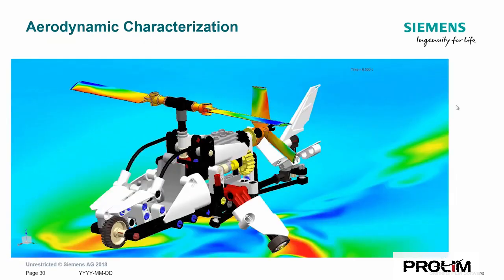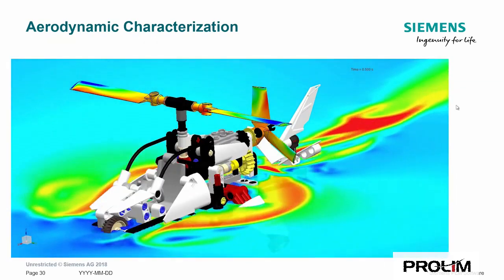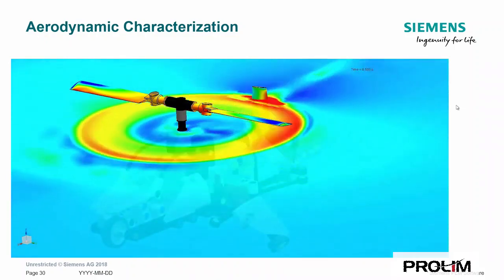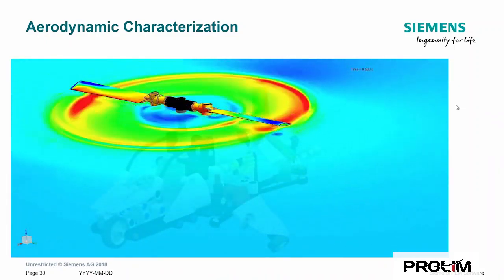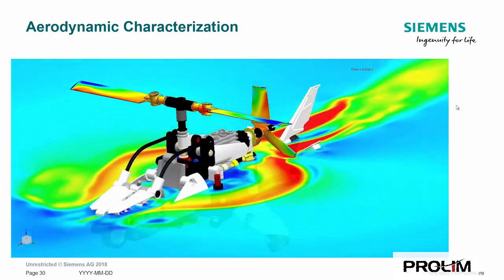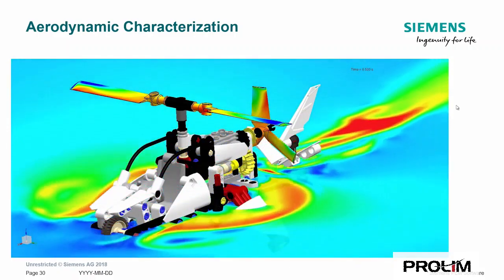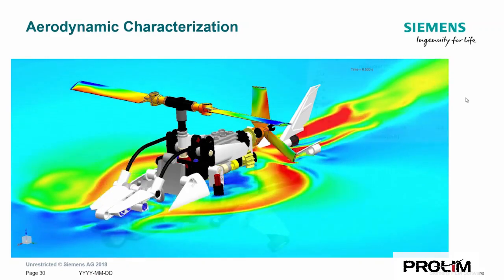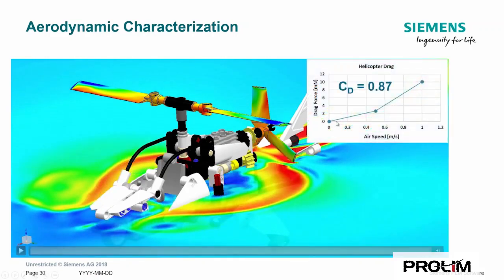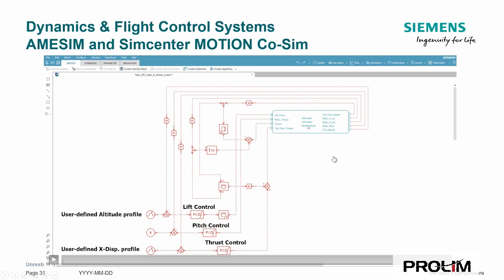We also need to characterize the entire helicopter for its aerodynamic characterization. So characterizing the drag versus airspeed is also done, so that we have these characteristics that we can then incorporate into our multi-body dynamics analysis, which will run in conjunction with the control system that is developed within AimSim.